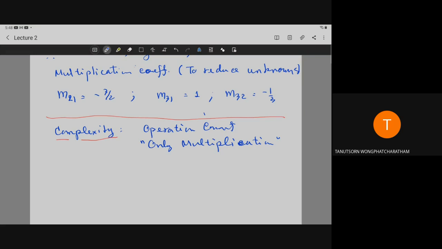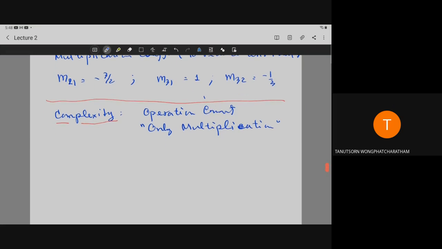And the reason we look at the multiplication more is because the multiplication in general takes more resources compared to the summation. Okay, so let's take a look. So the complexity consists of two parts. The first part is the complexity in doing the Gaussian elimination.